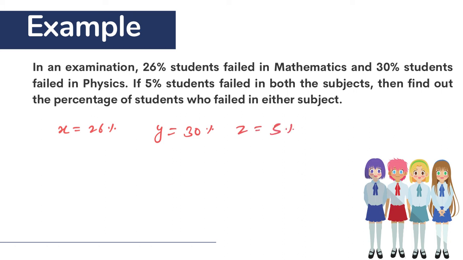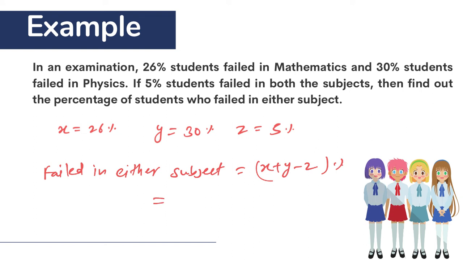X is failed in one subject, Y is failed in the second subject, and Z is failed in both subjects. The formula for failing in either subject is X plus Y minus Z percentage. So 26 plus 30 minus 5 is 51%. So this is our answer. If I do the same question with a Venn diagram, how will I do it?